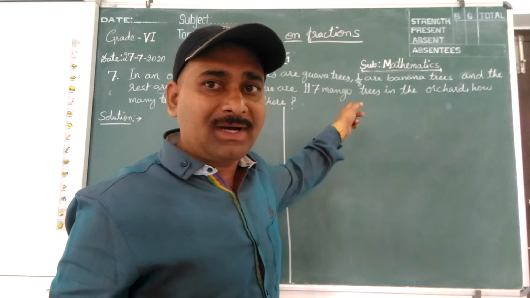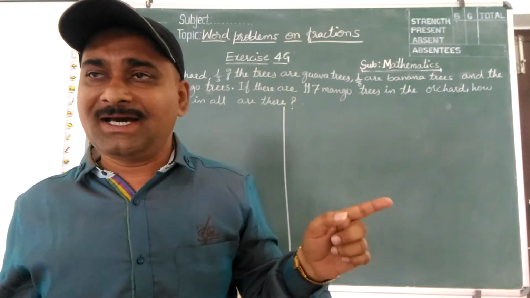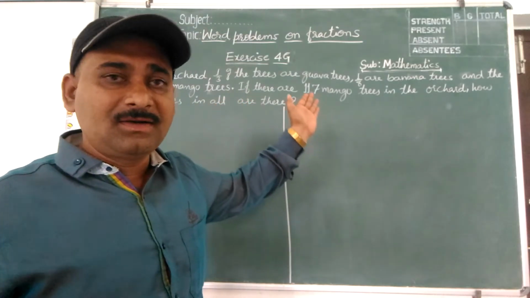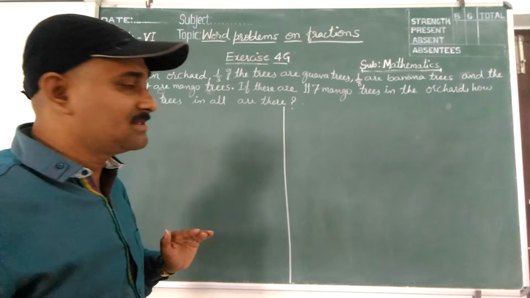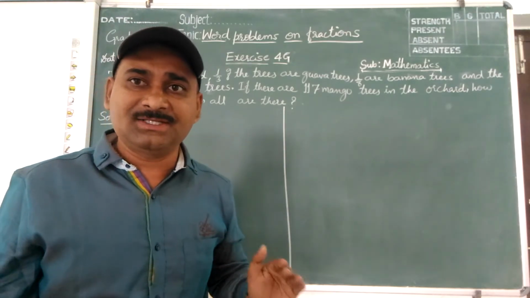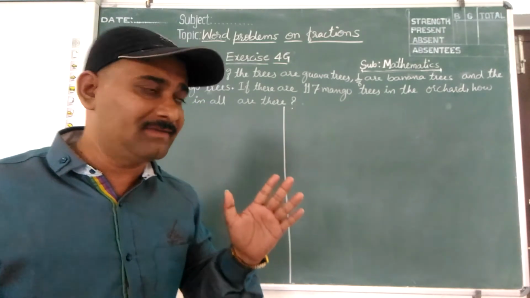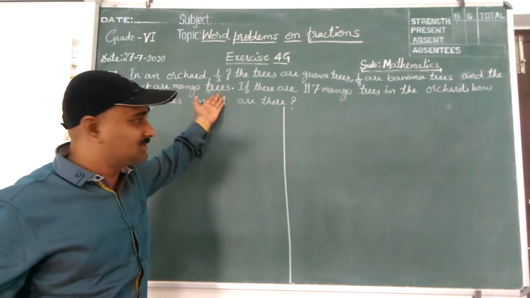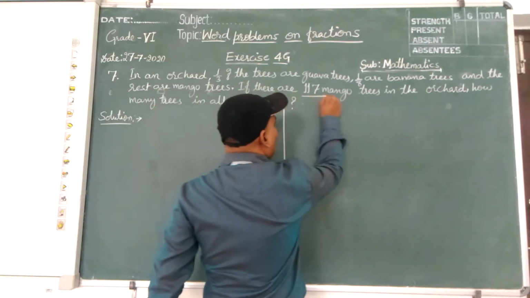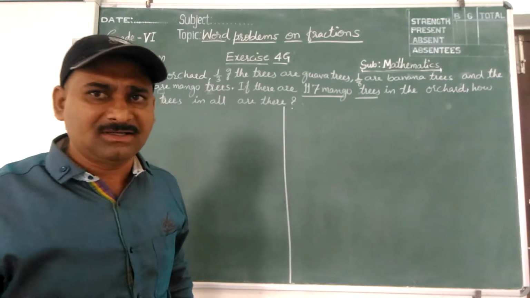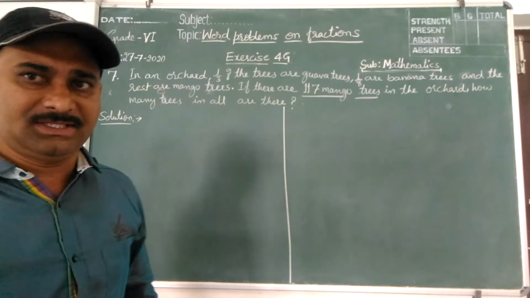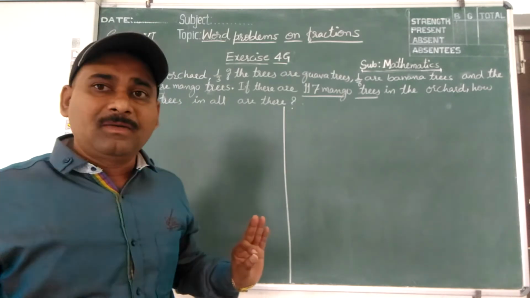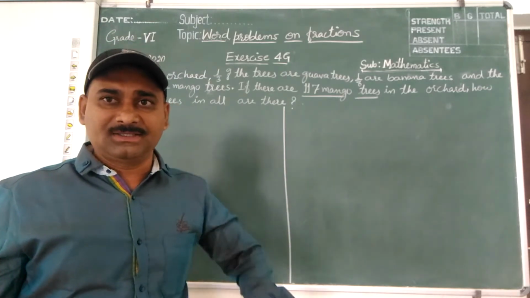Next part, 1/8 part of the trees are banana trees. And one more type of tree is not given in the form of a fraction, that is directly given, that is the rest are mango trees. How many? 117 mango trees. This is directly given, 117 mango trees. Guava is 1/3 of the total land, banana trees are 1/8 of the total land.